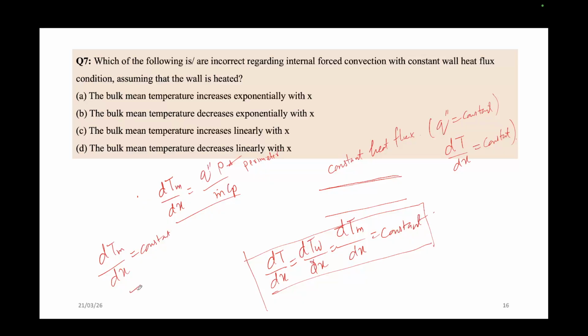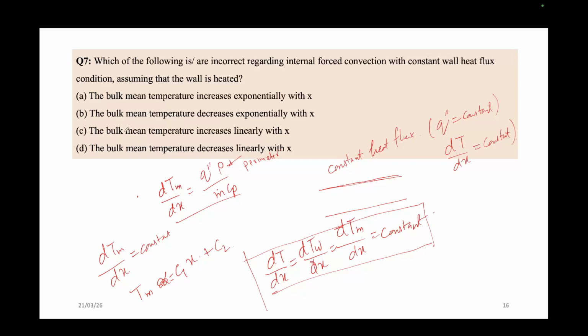That means Tm, if you do integration, you will get this. So Tm depends linearly on x.